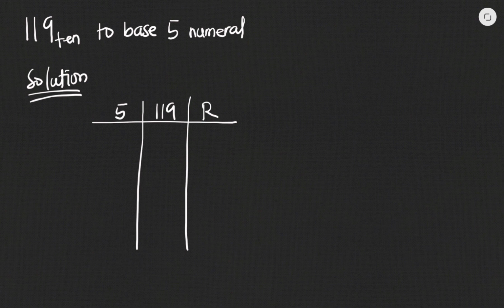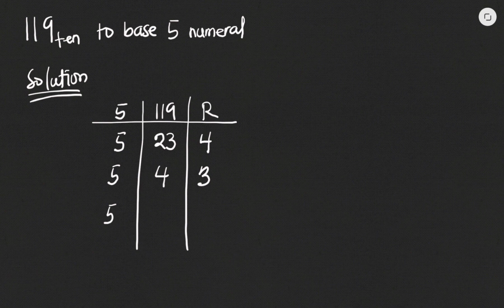Okay, so I ask myself, how many times will 5 go into 119? It will go there 23 times, which is equivalent to 115, and so my remainder is 4. Now, how many times will 5 go into 23? It will go there 4 times, which is 20, and so my remainder is 3.